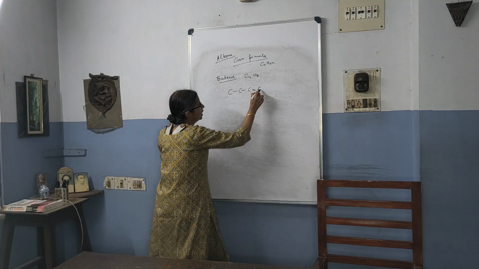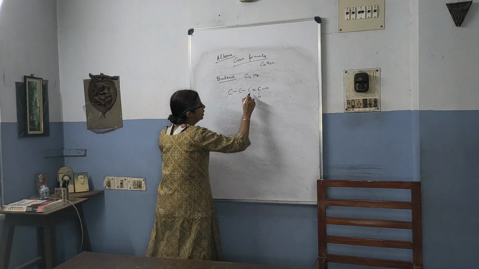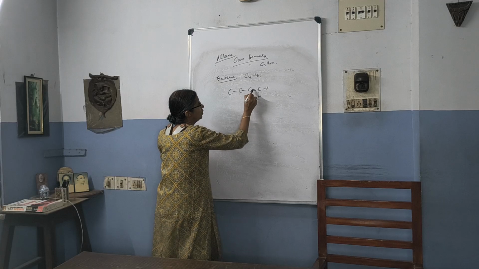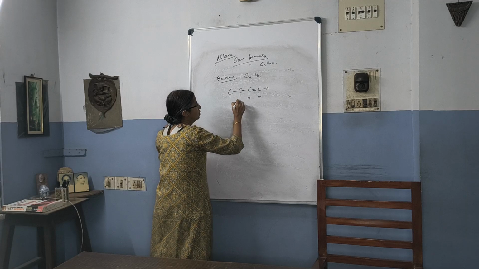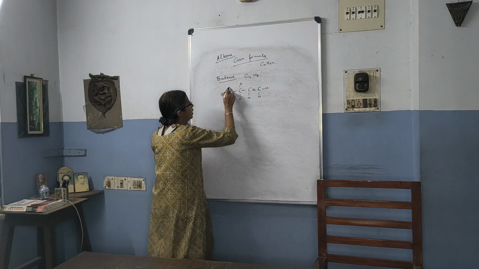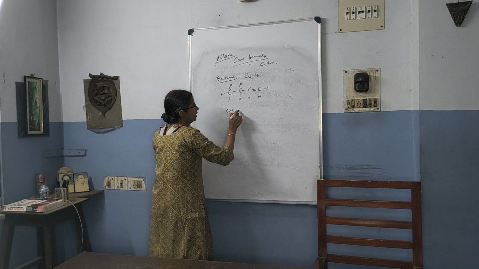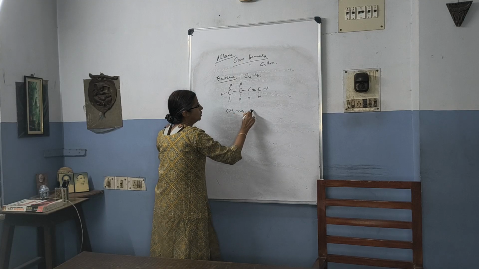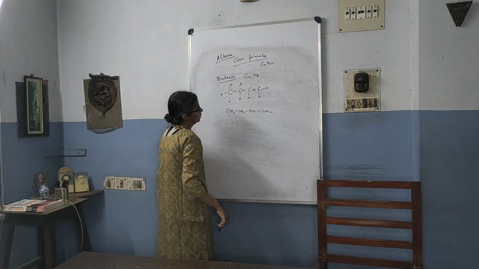So for this carbon it is already 1, 2, so it is 3, 4. If you take this carbon 1, 2, 3, so it is 1. If you take this carbon 1, 2, 3, 4. So it is CH3, CH2, CH, double bond, CH2.